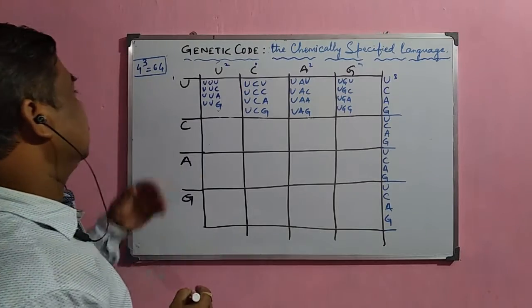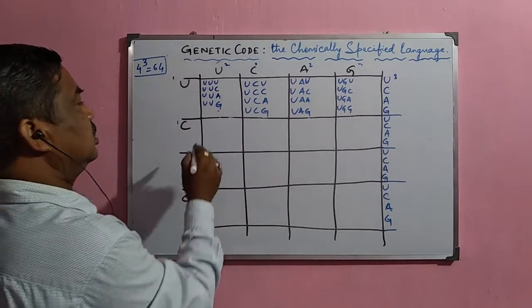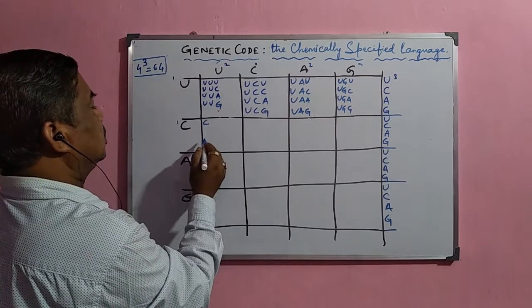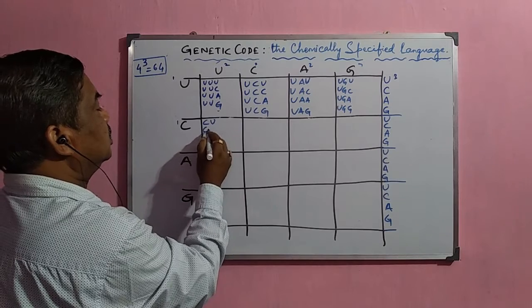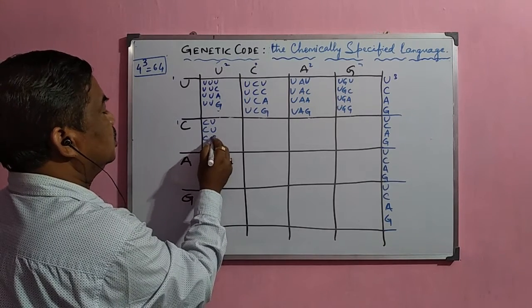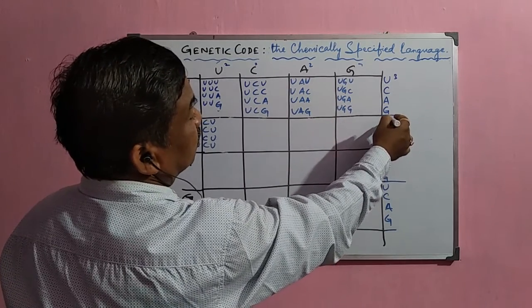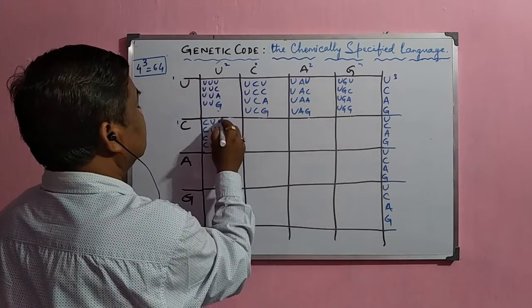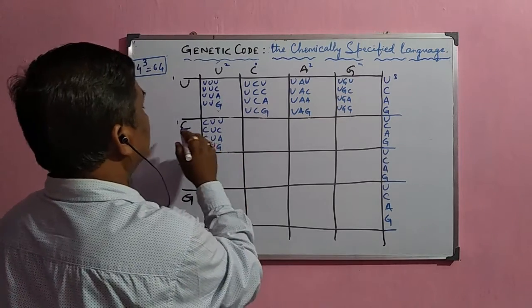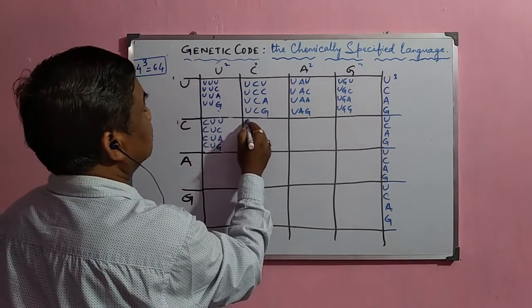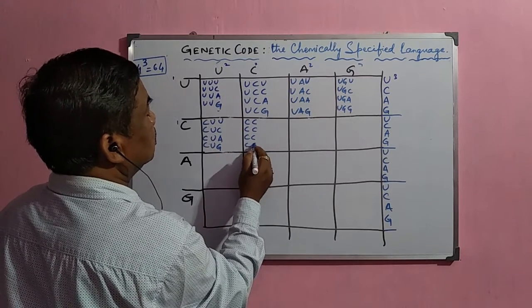In this way, in the second row, the first one will be C in every case. Then the second one is U, C, U, C, U, C, U. Now the third one will vary from UCAG. In this way, the first one is C, and then the second one C in every case.